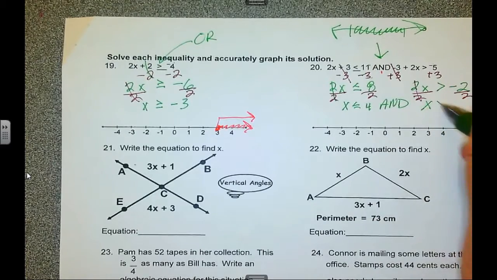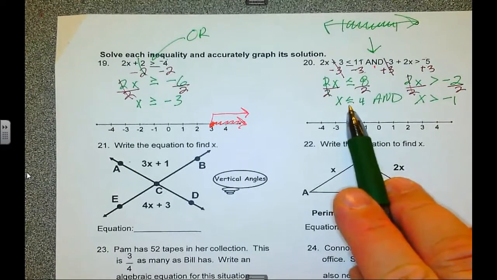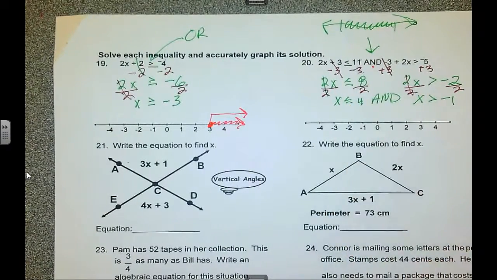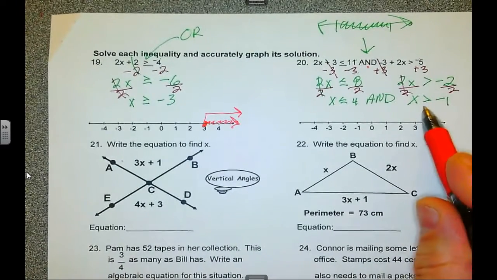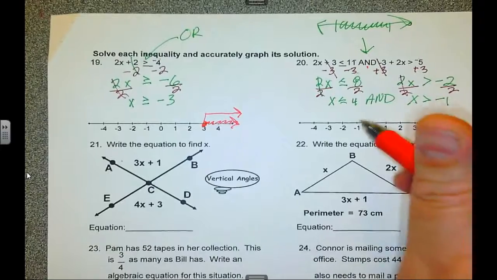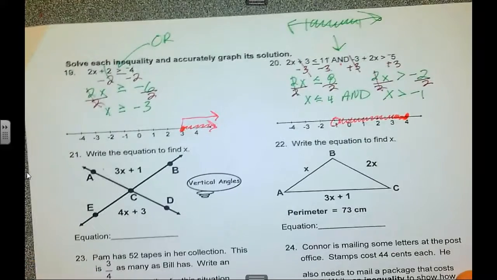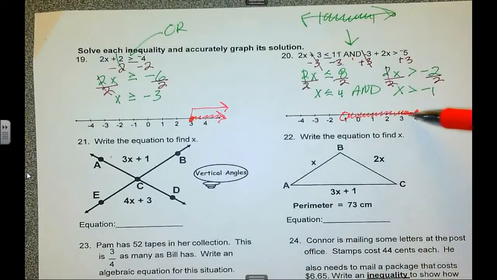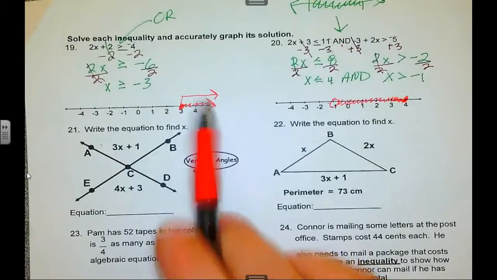So x is greater than negative 1, correct. Okay, so we have a closed circle at 4 because of the equal sign. We have an open circle at negative 1, shade in between. Okay, that's a compound because I have 2 of them. This was just a linear.